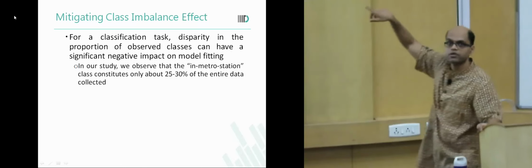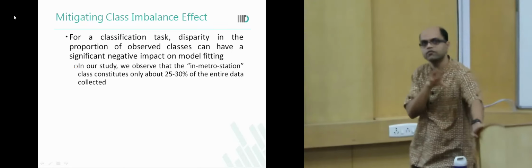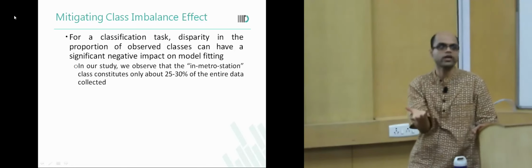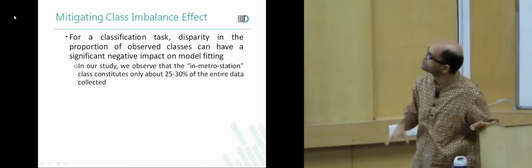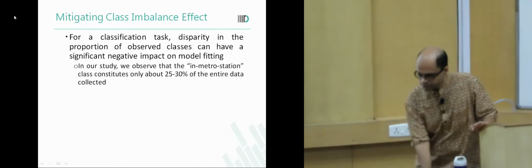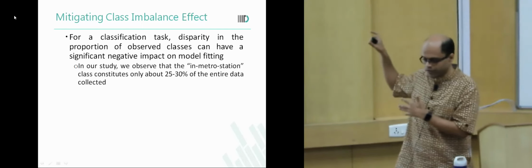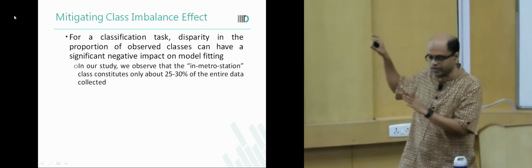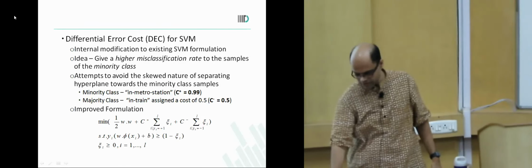Now, if you remember, I talked about the class imbalance effect, which means you've got far more data from one class. We already know that. Right? Now, to counterbalance or balance out this effect, before going there, the number is about 25 to 30% of the data is for the metro station, and the rest, 75 to 70%, is the train.